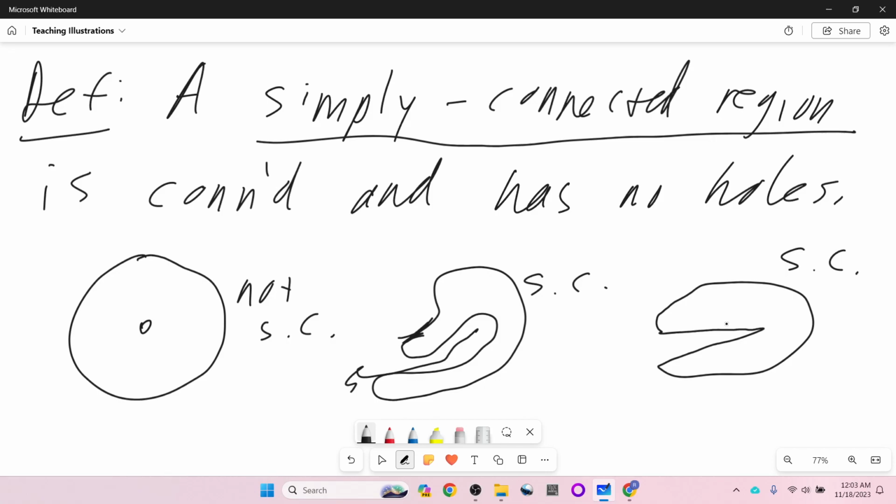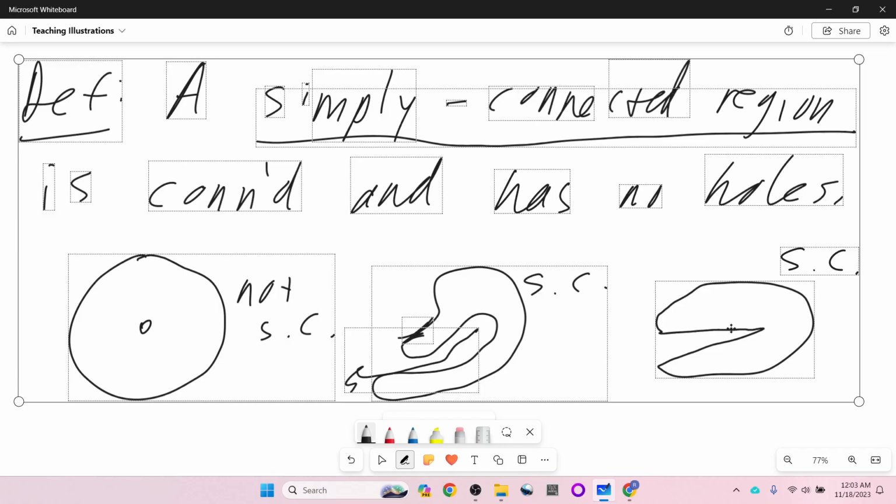All right. So we want to stick with simply connected regions when possible. We want to have regions with no holes in them. And that's because of this.